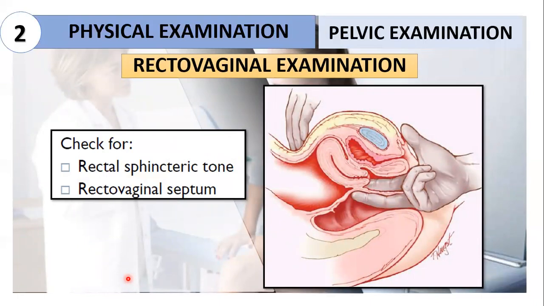Here we insert the index finger in the vagina while the middle finger is in the rectum and the other hand is still palpating the abdomen. We do this to check for rectal sphincteric tone and if there is any rectocele, and to check the rectovaginal septum.